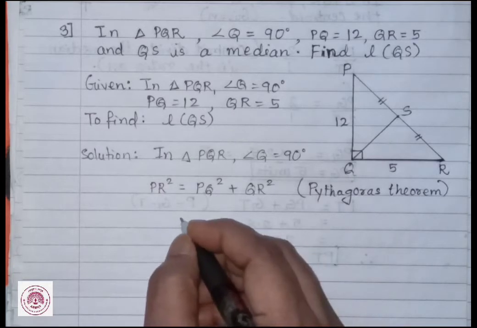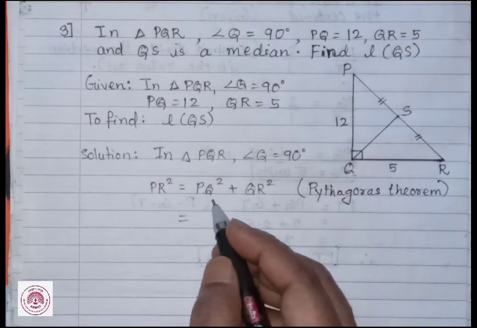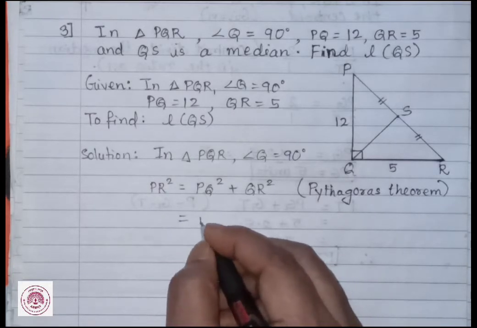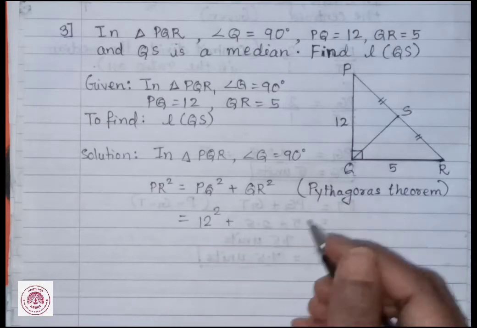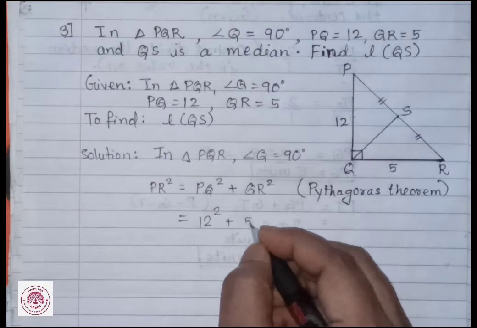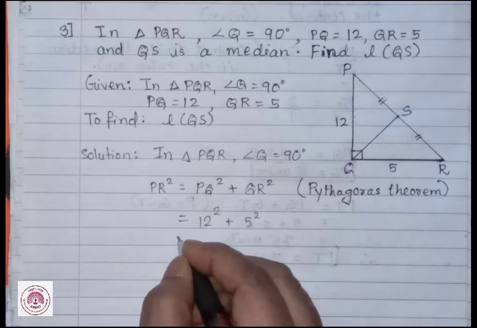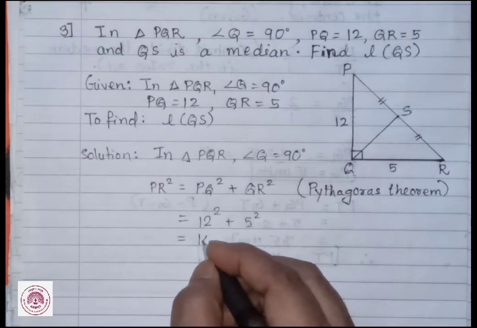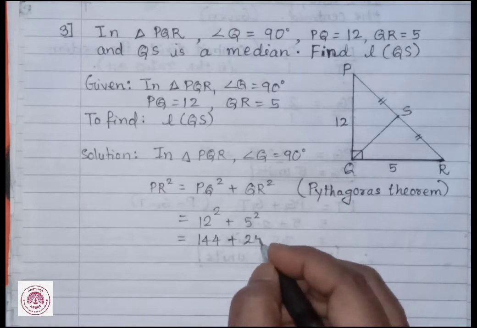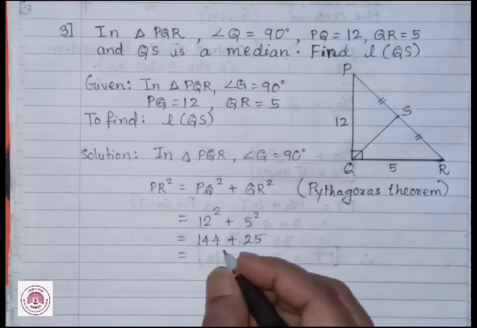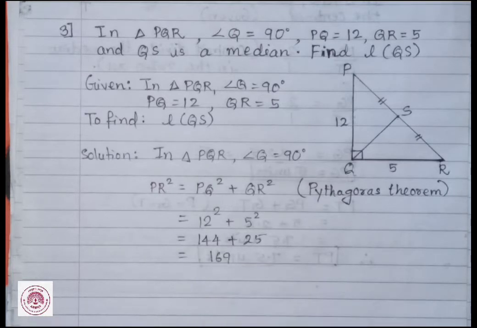PR square is equal to 12 square plus 5 square. 12 squared is 144, 5 squared is 25, which gives 169.